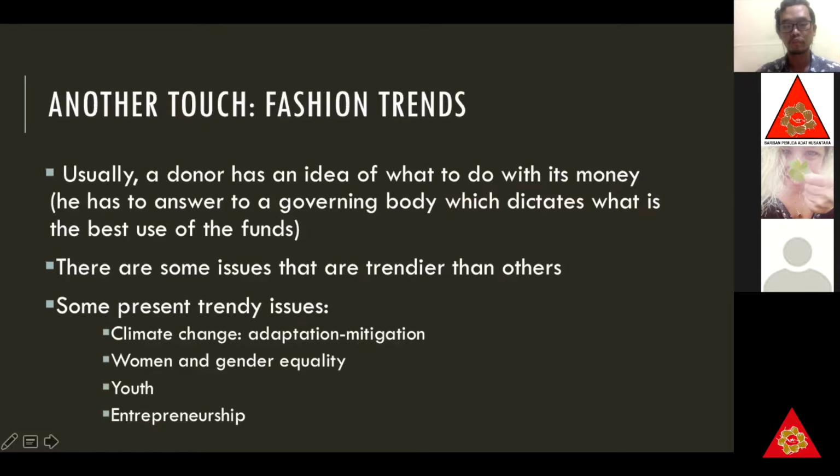Another very important trendy issue, it doesn't mean it is not an important issue, but it's also in fashion presently, is women and gender equality. Well, this responds to a real problem with gender equality, but most of the time, if you present a proposal, you must also take into account what you will be doing with women in your proposal, in your villages.